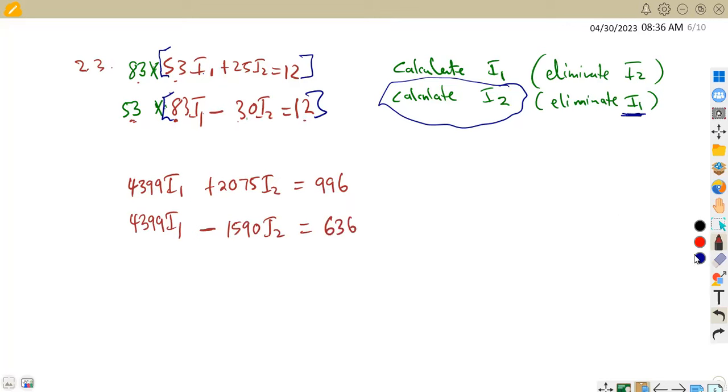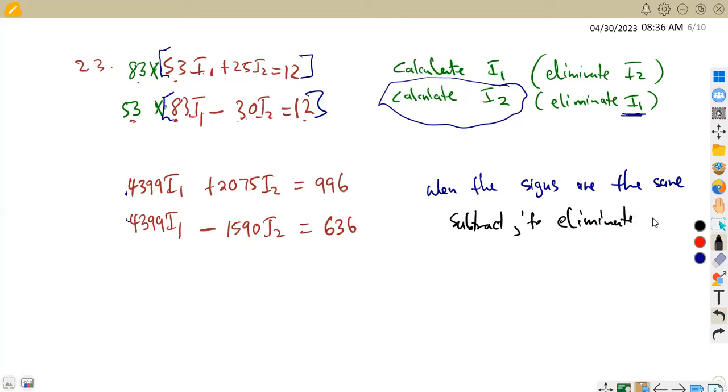So from there, we can see that on I1, these two terms are the same. Positive is positive. So when the signs are the same, we are going to subtract to eliminate the given term.